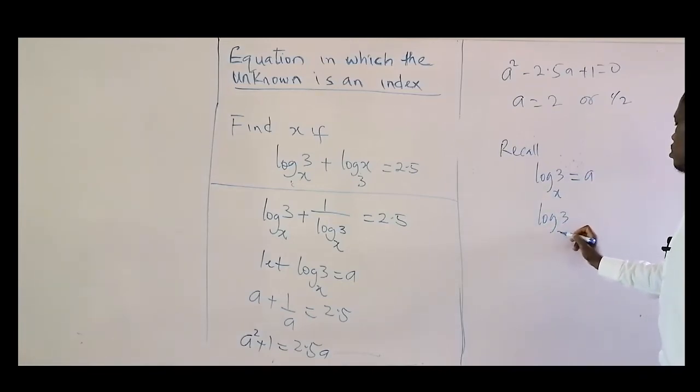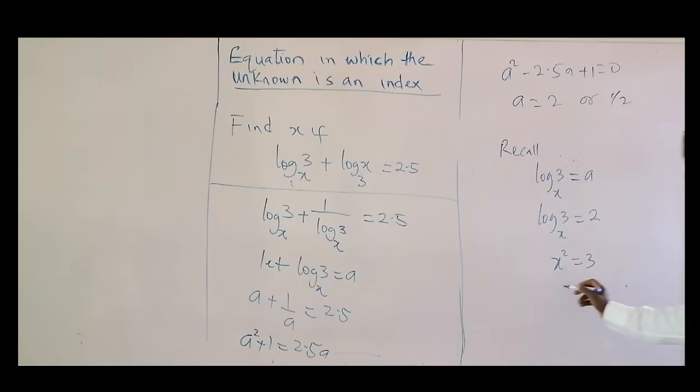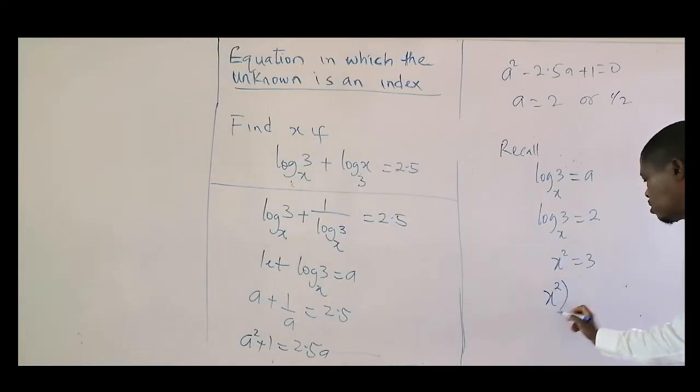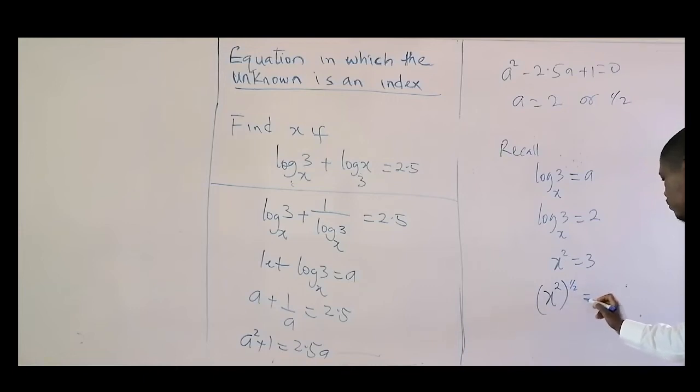When a is 2, we have x squared equal to 3. Take this to the power half so that the 2 can go, and this will be 3 to the half. That will be x equal to root 3.